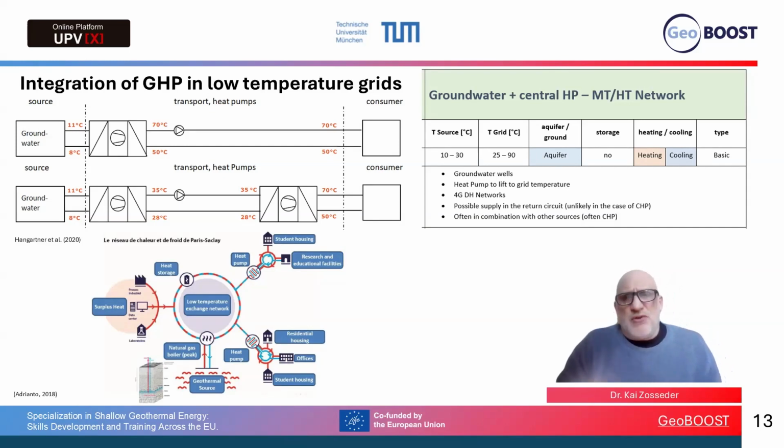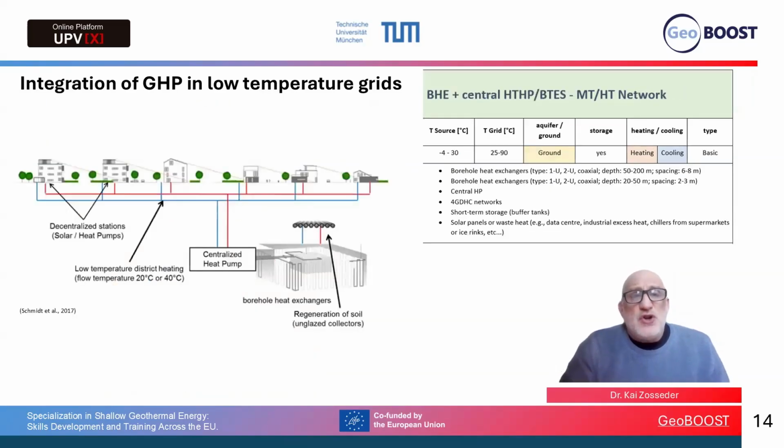This can also be designed more complex, with two central heat pumps heating up different grids for base load and for peak loads. There are several opportunities, and this example here, what you see in the picture, is an example from Paris.